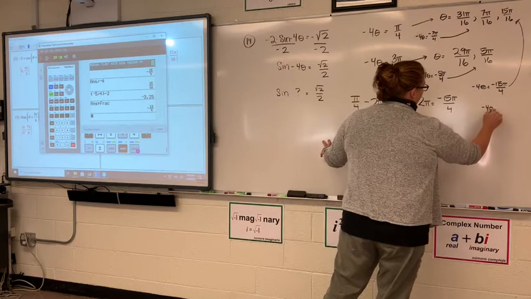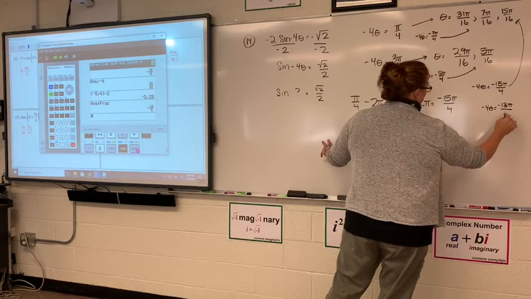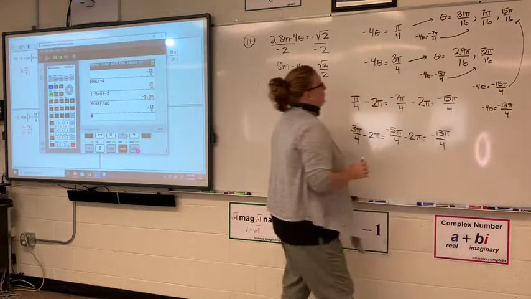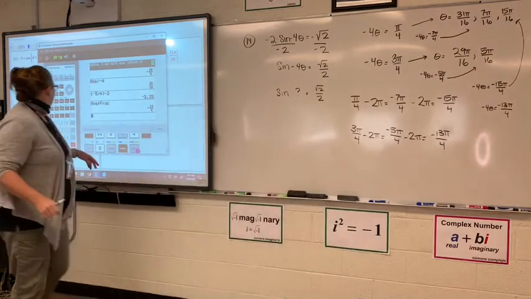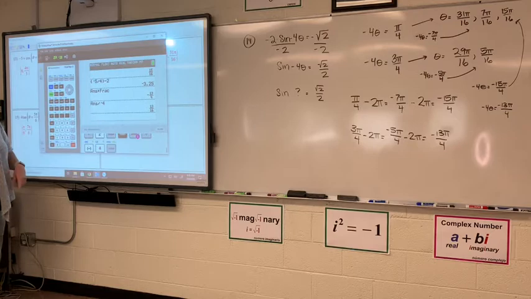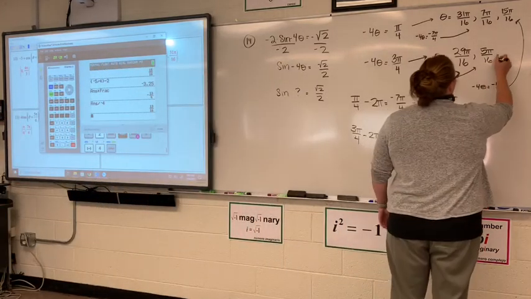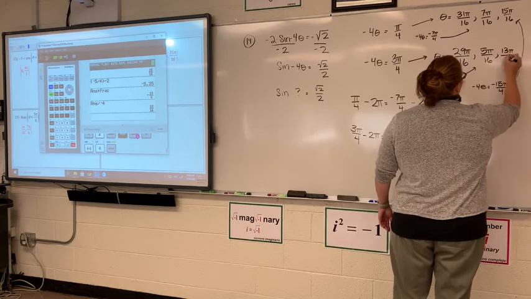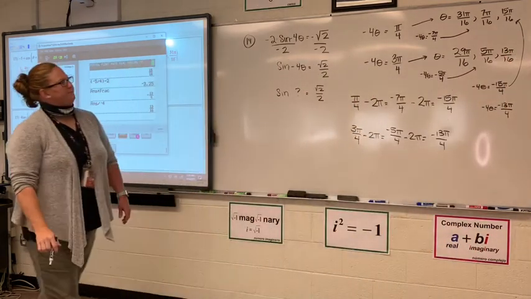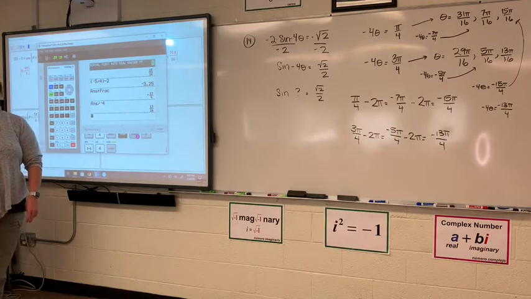I'm running out of space to keep writing this. So that should give me 13 pi over 16, coming from the 3 pi over 4, the coterminal angle for that.